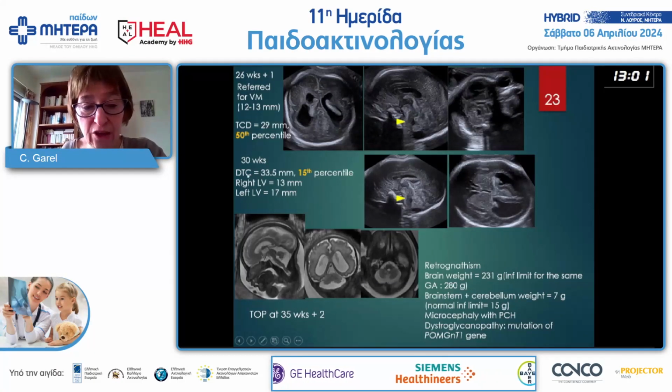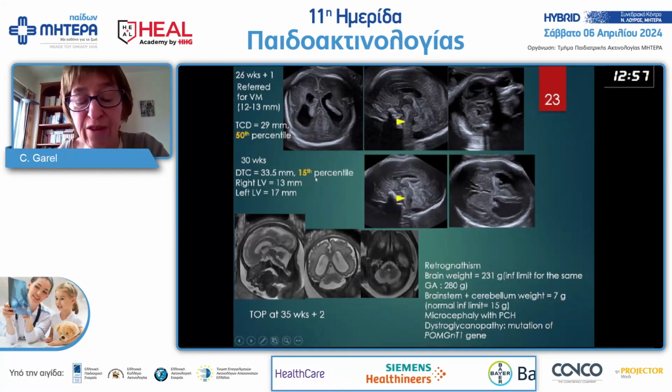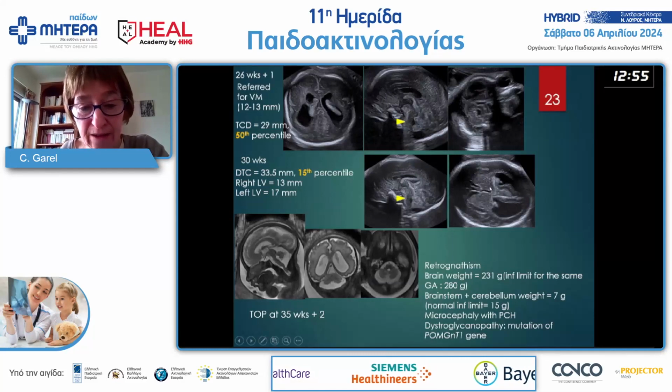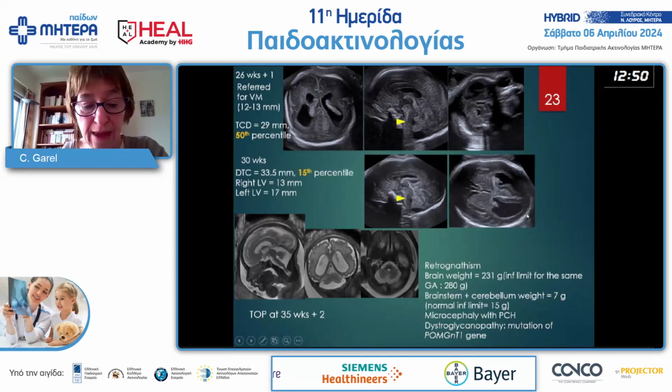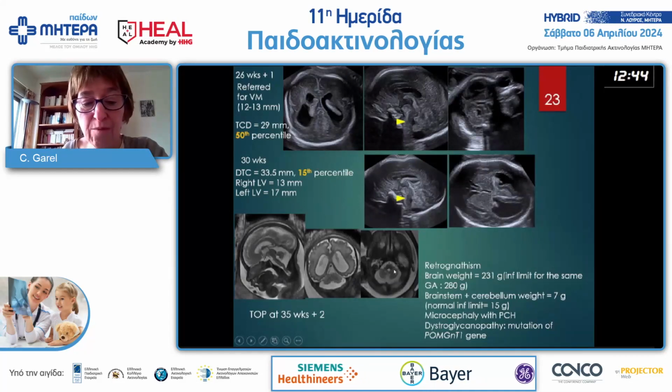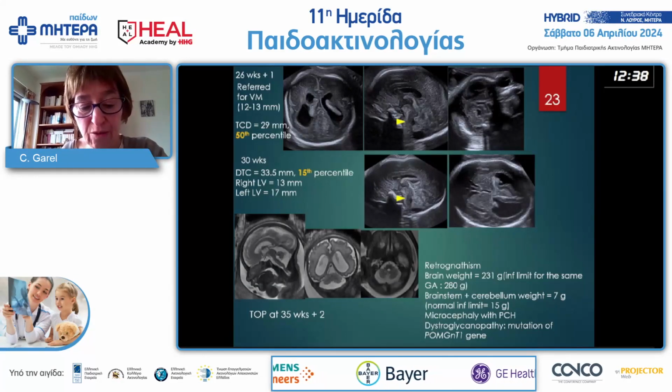Months later, you can see that the TCD is at the 15th centile, and there is still a bilateral ventriculomegaly. And at 30 weeks, on the same day, the MR scan showed that there was no bulge of the pons. The parents elected to terminate the pregnancy a few weeks later.